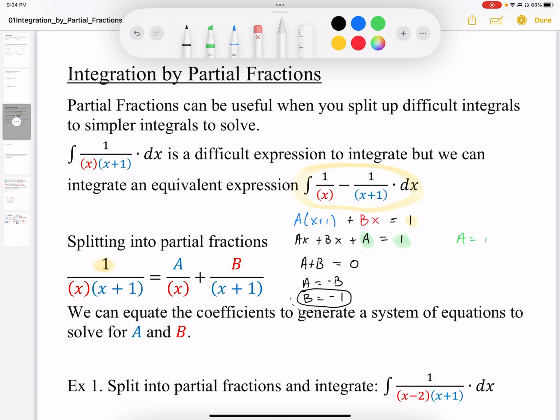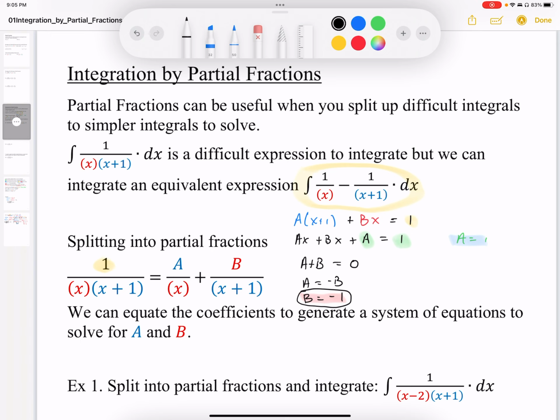Just going to color code this one here. This one ends up being our b, which we had in red to start. So there's our b, that a value we had in blue to start. So now we have our partial fractions.